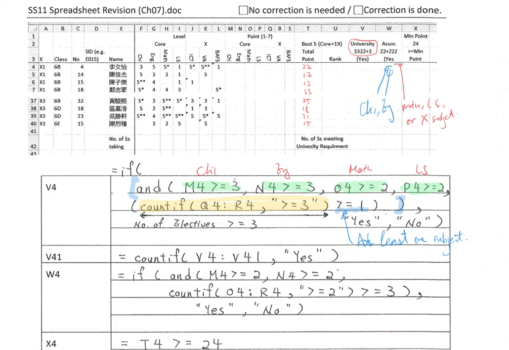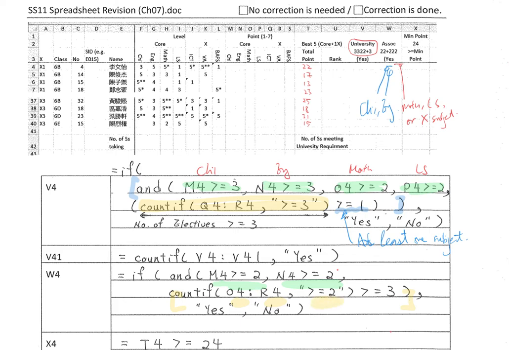So you can see the answer. First of all, use AND, and then Chinese and English must be greater than or equal to 2. And then for Math to BAFS, that means from O to R, we use COUNTIF to see how many of them are greater than or equal to 2.